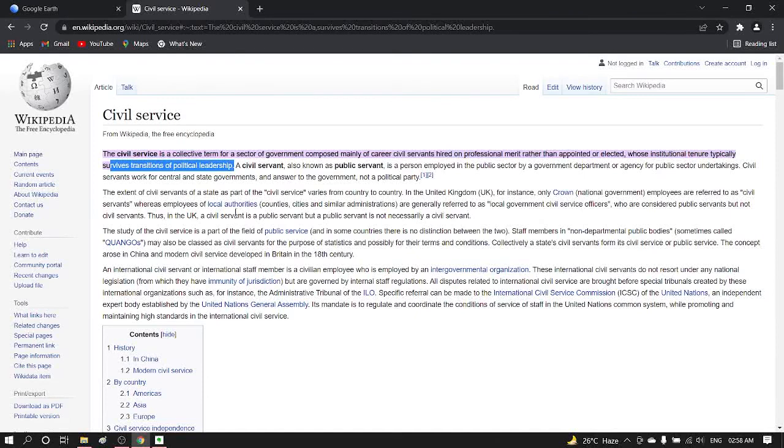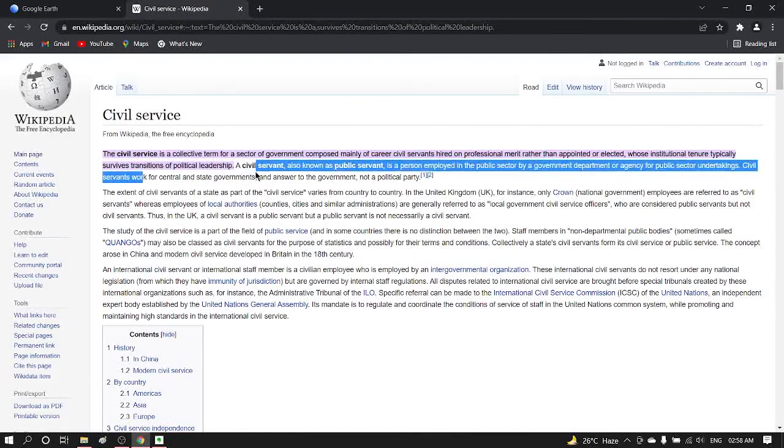Okay, a civil servant, also known as a public servant, is a person employed in the public sector by a government department or agency for public sector undertakings. Civil servants typically work for central and state governments.